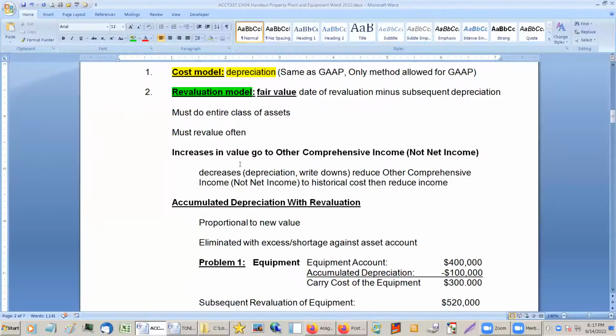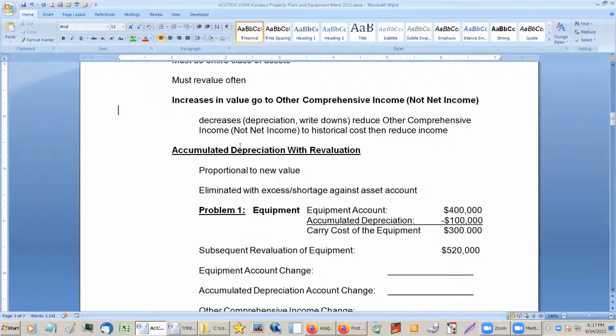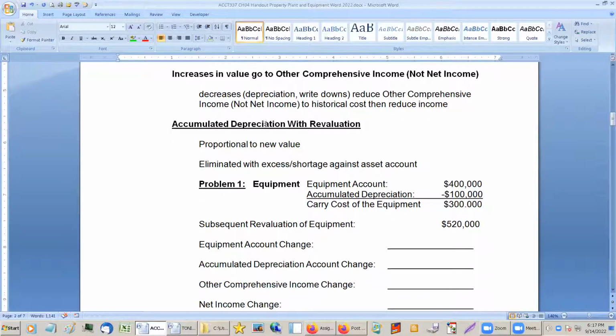So let's go ahead and take a look here. Decreases, well, we'll get to that later.